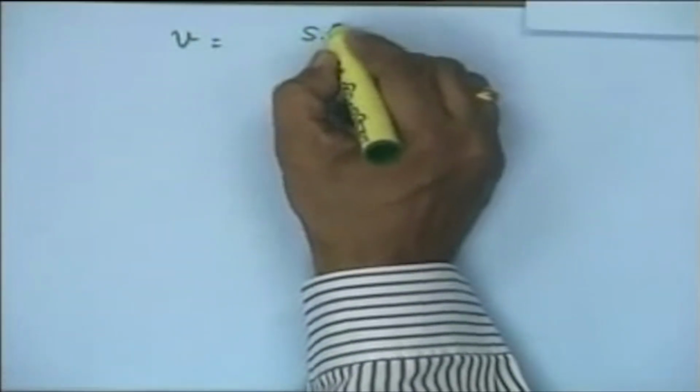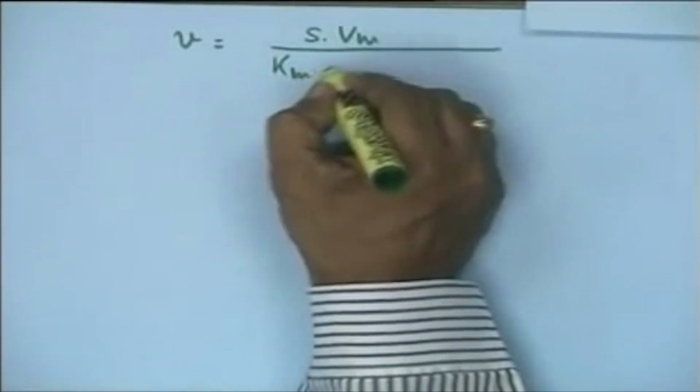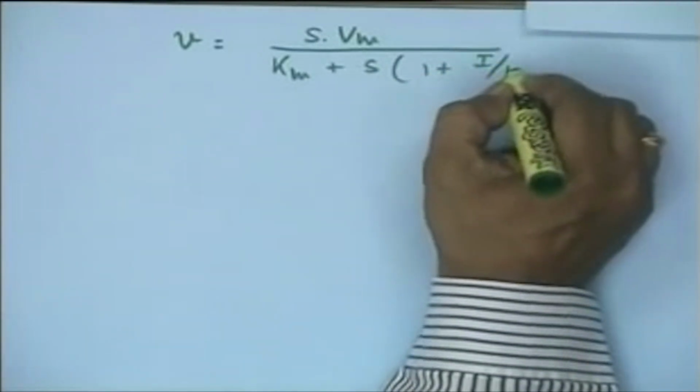Now, in the case of uncompetitive inhibition, the reaction velocity can be written as S into Vm upon Km plus S(1 plus I over Ki).